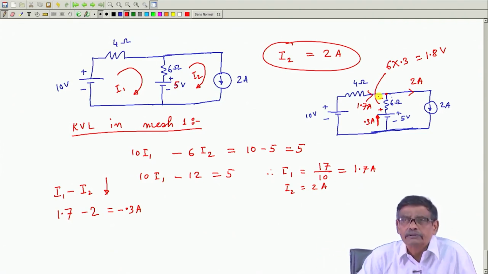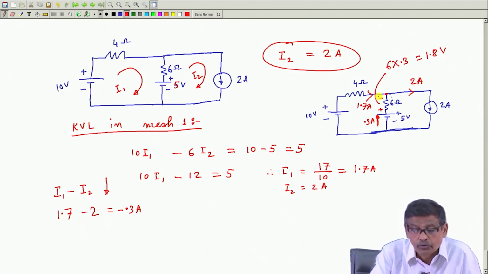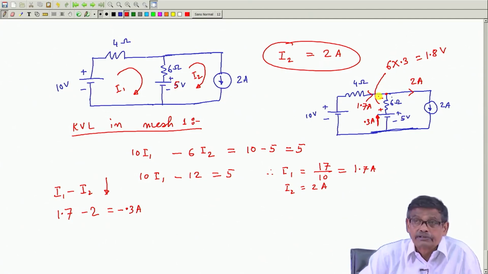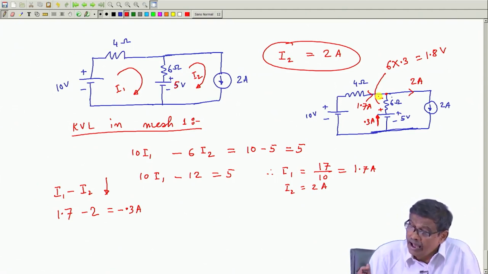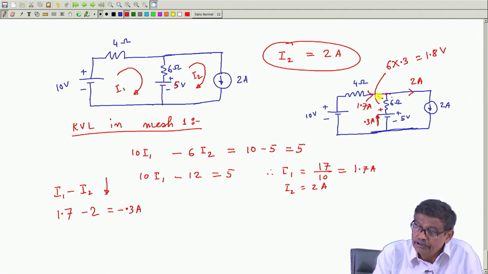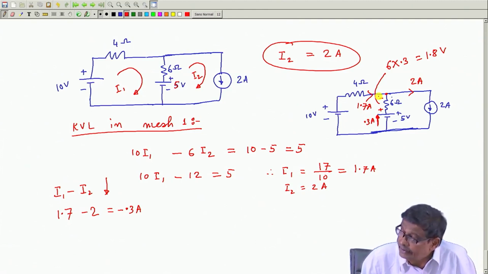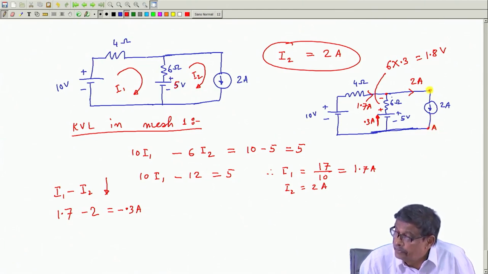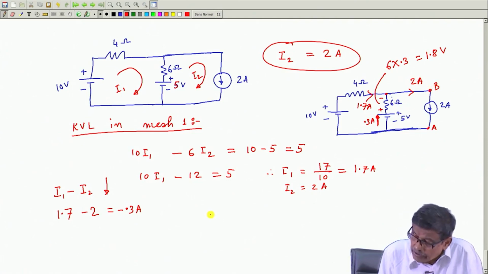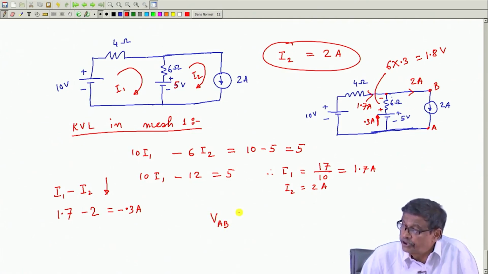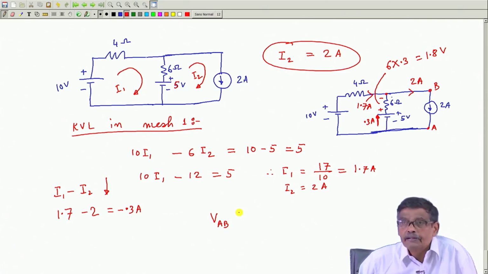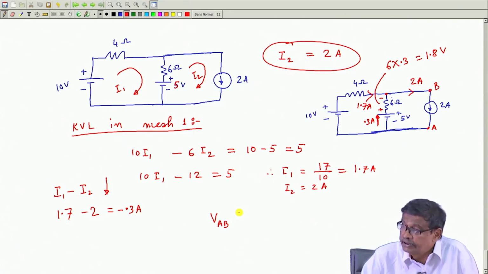Similarly, in the current source, current gets fixed, but what will be the voltage across it depends upon what other things are connected across it. So, I want to know what will be the voltage across this current source. Suppose I say this point is A, this point is B, calculate VAB, that is the voltage across the current source, potential of A with respect to B.